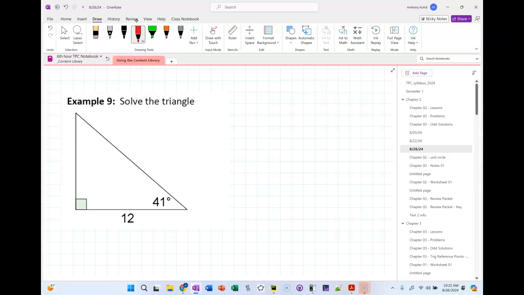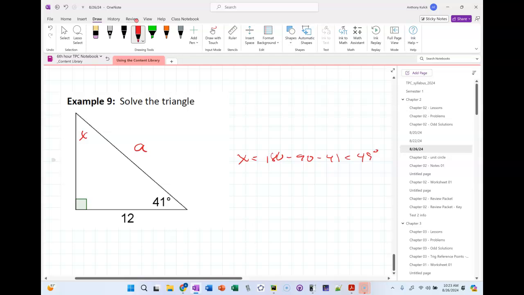What do I know that other angle has to be? 49, right? How do I know that? The sum of the interior angles of the triangle has to be 180. Or, since it's a right triangle, the two acute angles have to add to give you just 90. So I know if I call that angle x, boom, done.